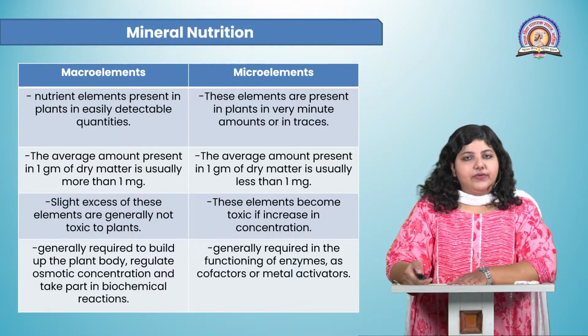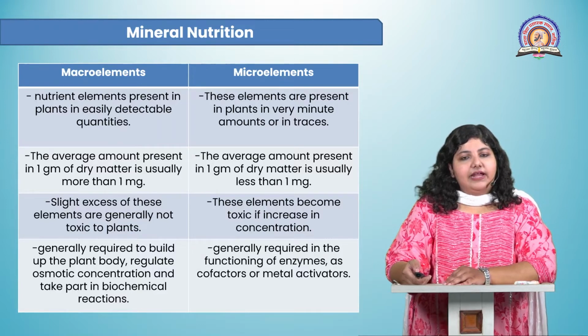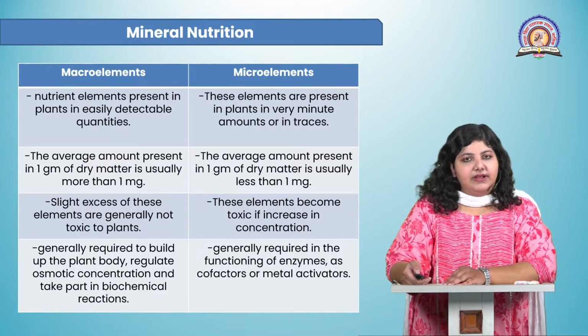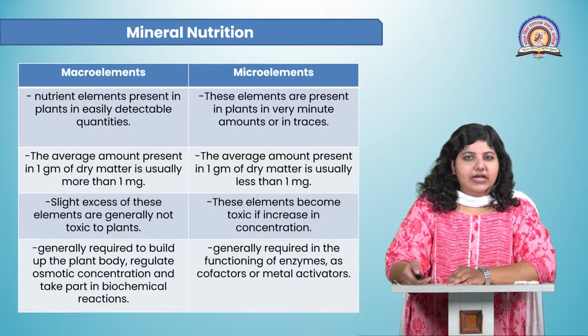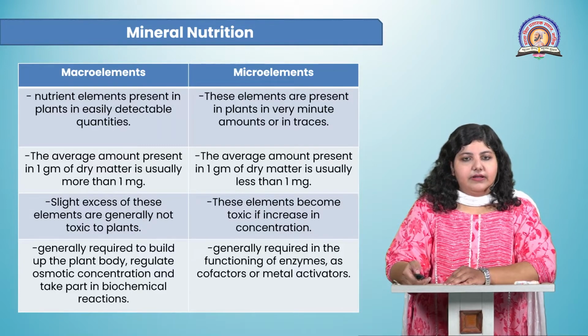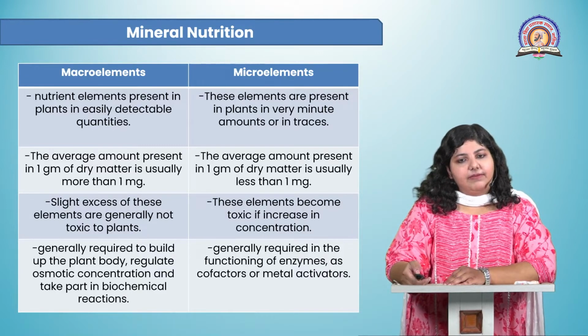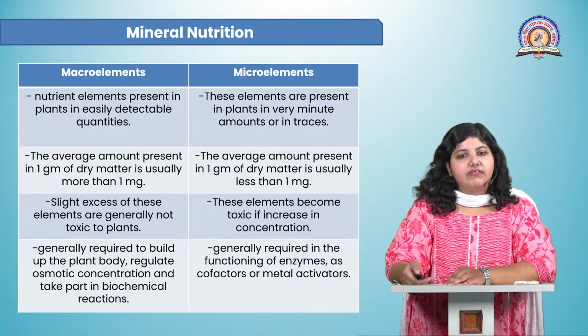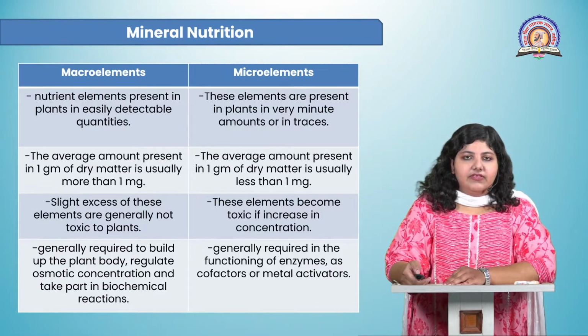In case of macroelements, if a slight excess of these elements is present, it will not be toxic to the plants. They will not have any side effect or damaging effect on the plant. But if microelements are present in a larger amount, or if even a slight concentration of these microelements is increased, they can prove toxic to the plants.